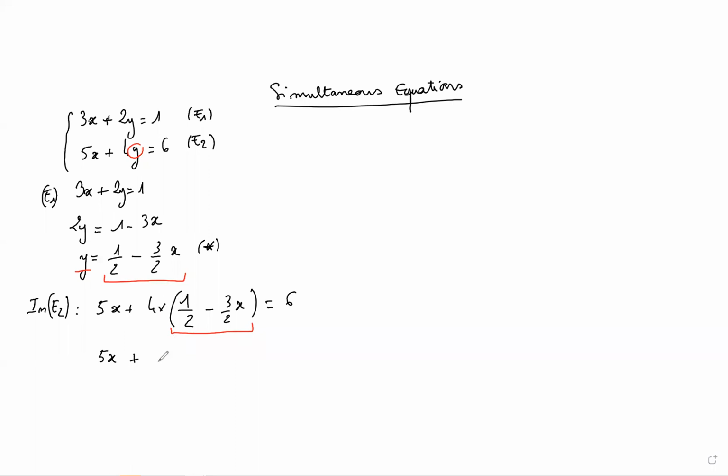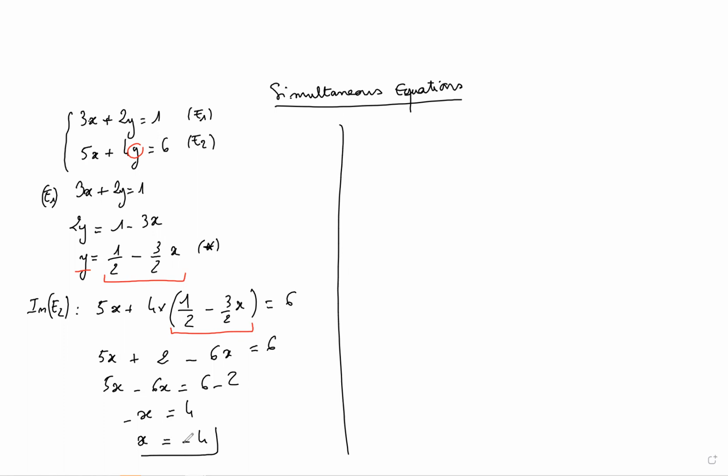Plus 4 times 1/2, it's 2, minus 4 times 3/2, it's 6, is equal to 6. And you write your operation on both sides of your equality, so you can get all the x terms on the left and all the constants on the right. You can do it very fast if you know what you are doing. Then I divide everything by -1 and I get x is equal to -4.